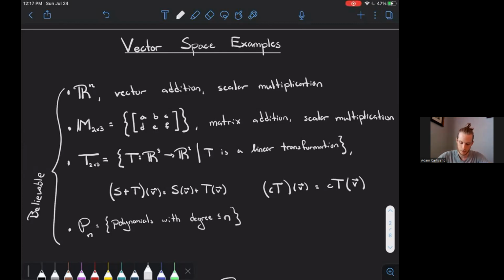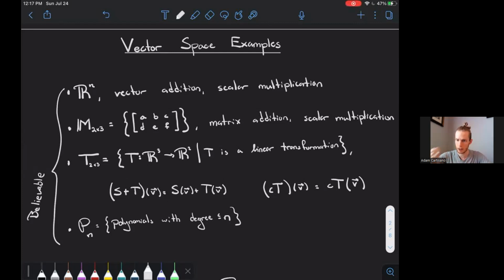In other words, a vector in this space is a linear transformation from R3 to R2. The sum of 2 of them is defined by just adding their rules of assignment.